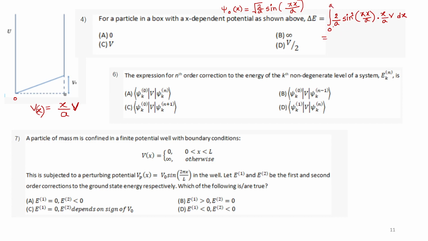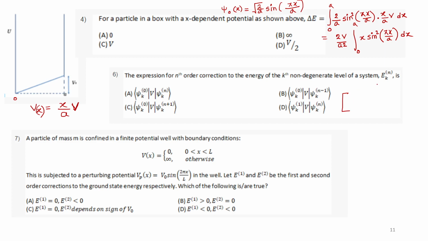So I will take the constants outside: 2V by a square, and from 0 to a, x sine square pi x by a dx. Okay, so we have to use integration by parts again.